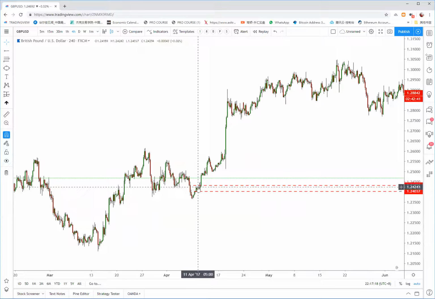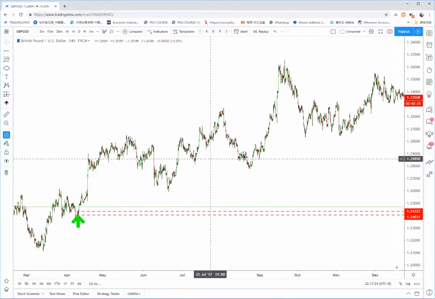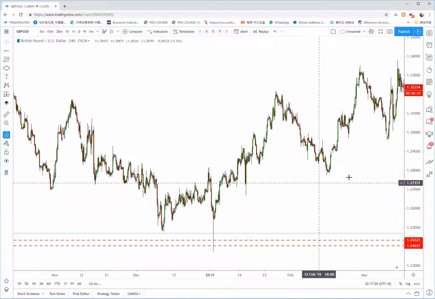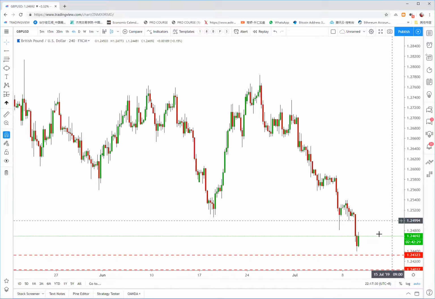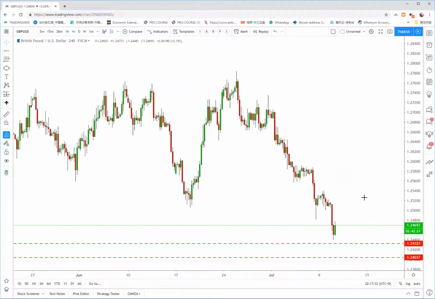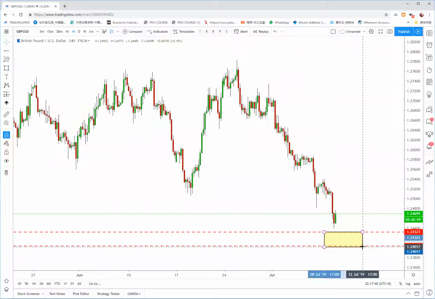So this is a very strong support. Let's check the price action over this zone. It has not quite hit yet, but that is really the lowest part. I do believe sterling will not have too much room for the drop.